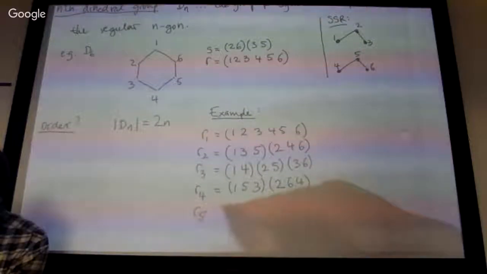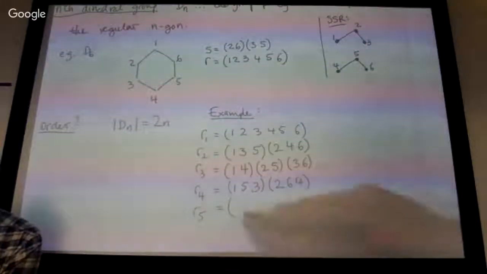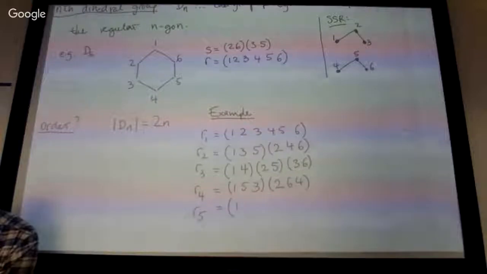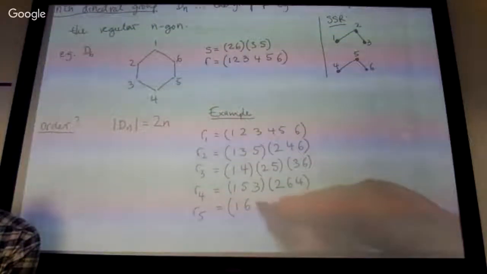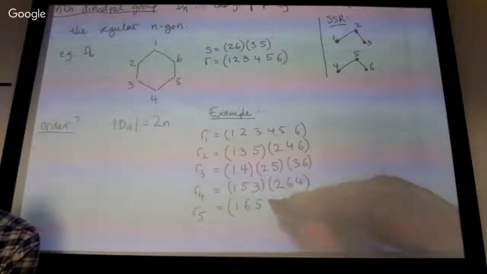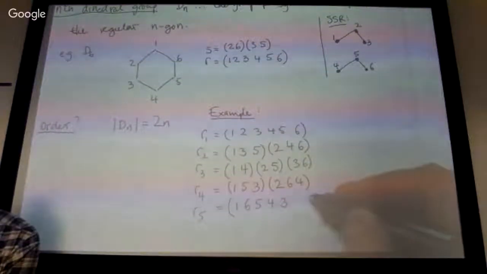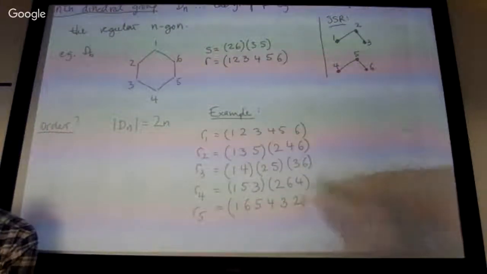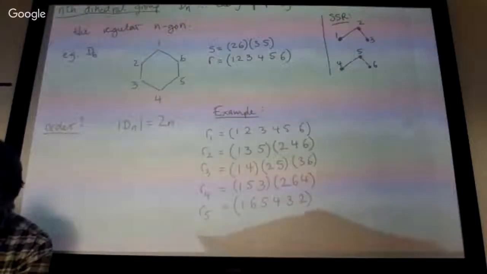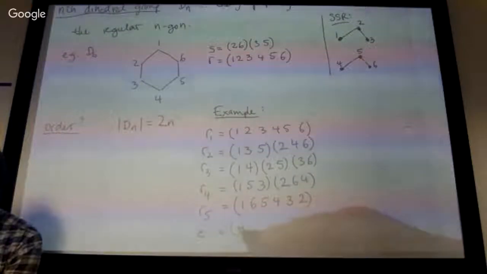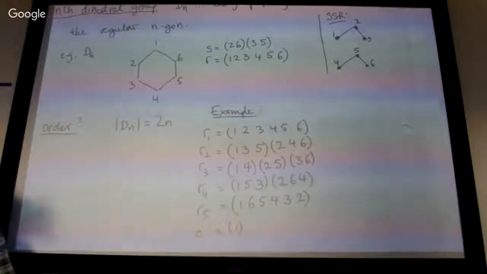Okay. 1 to 6, 6 to 5, 5 to 4, 4 to 3, 3 to 2. So these are all the kind of orientation preserving rotations. 1 is missing. The identity.